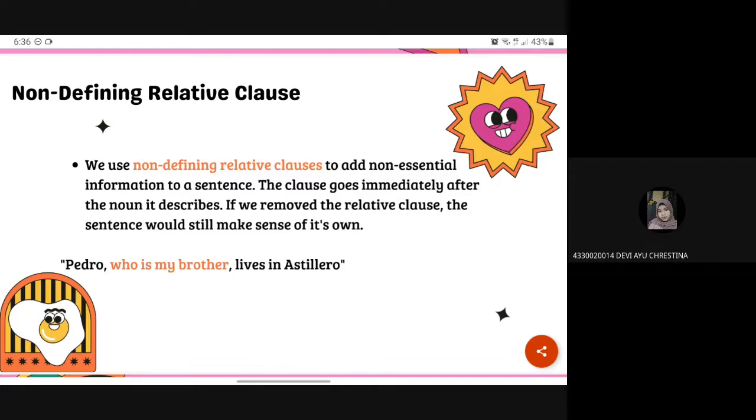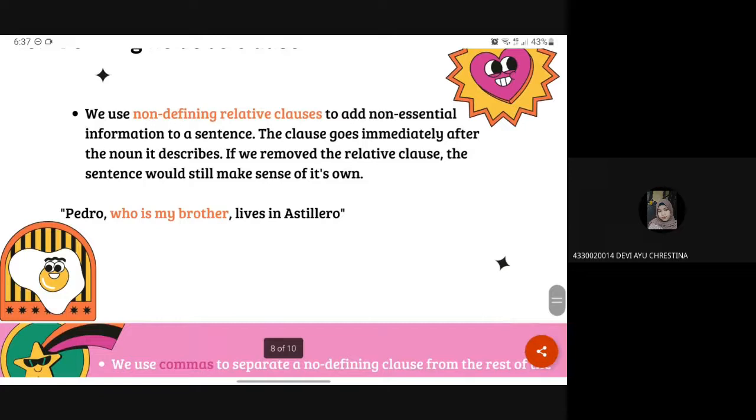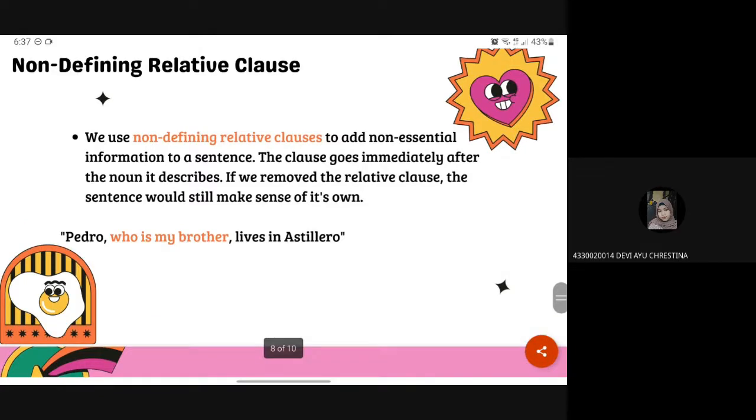Okay, thank you, Shafalma. For the non-defining relative clause, we use non-defining relative clauses to add non-essential or not important information to a sentence. The clause goes immediately after the noun it describes. If we remove the relative clause, the sentence would still make sense on its own.